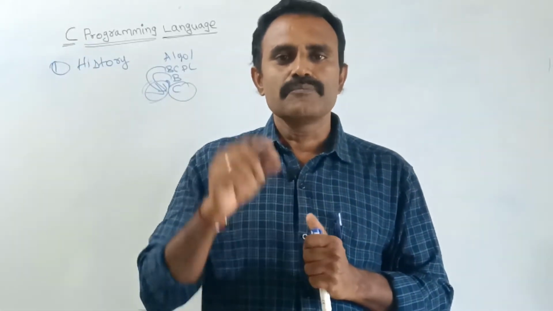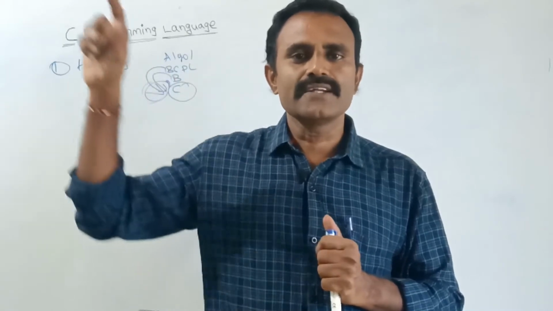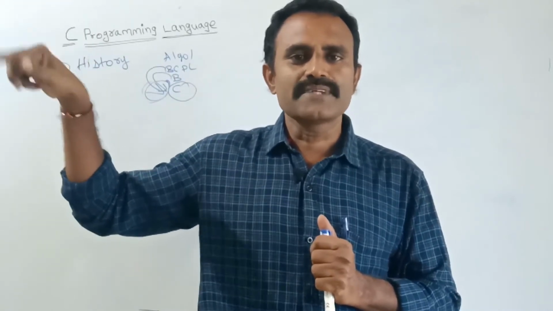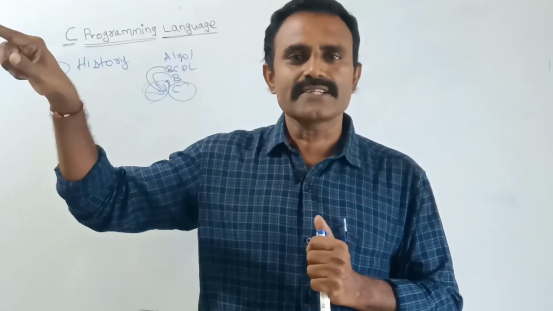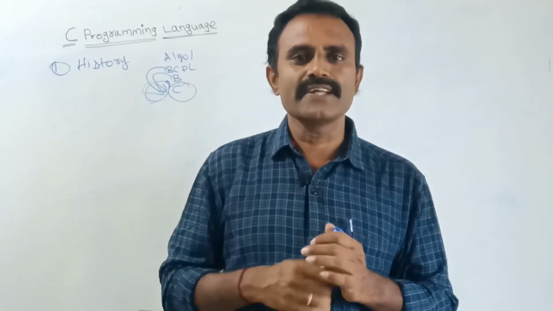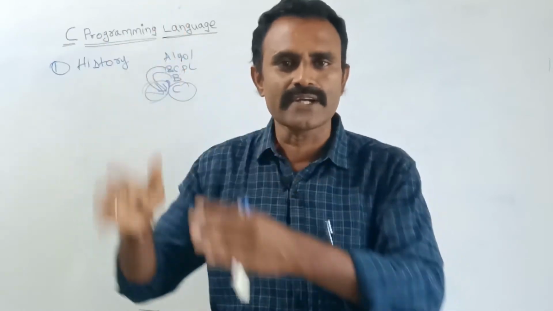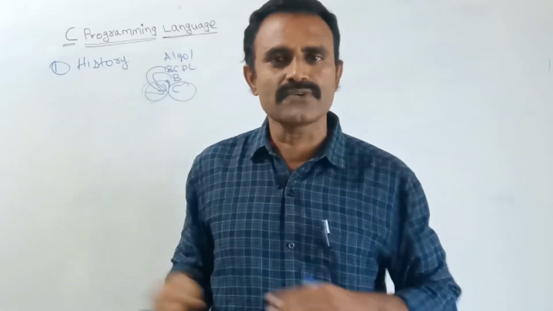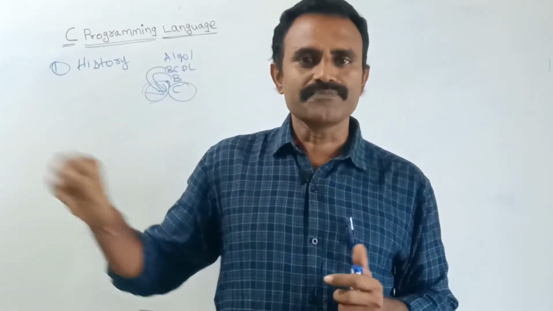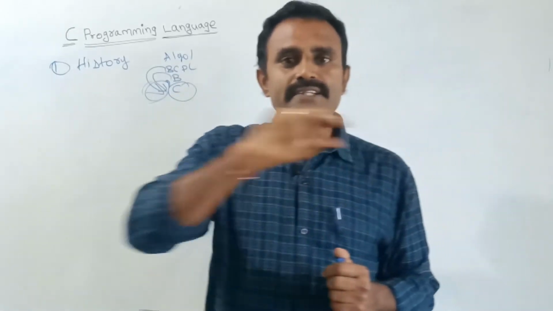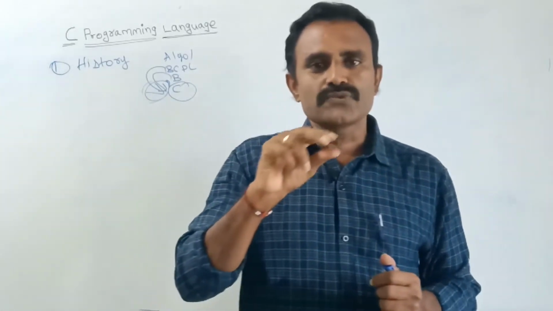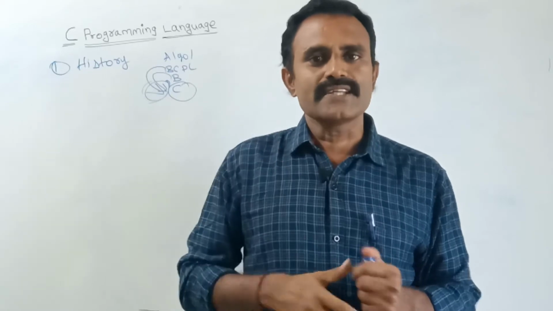Here, printf, the message, and then with the help of the semicolon we terminate that statement. What are the tokens here? printf is a token, the message hello world is one kind of token, and the semicolon is one kind of token. Each and everything should be written in lower case letters only.